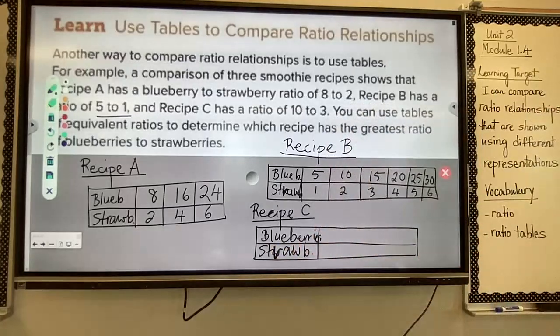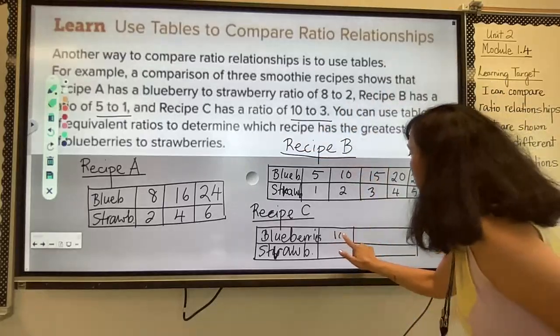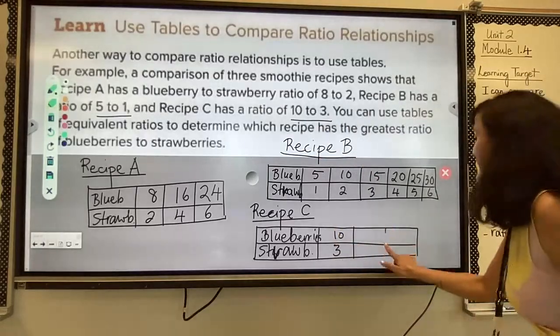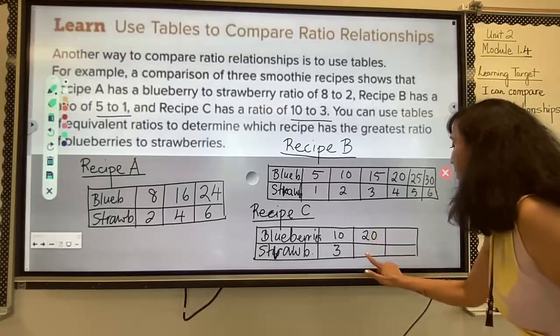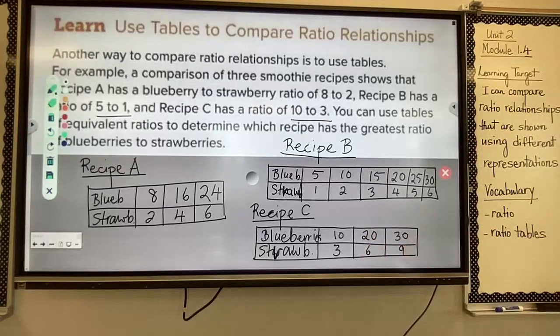This ratio is in the format of 10 to 3. So 10 over 3, and then using scaling up, I get 20 over 6, 30 over 9, etc.